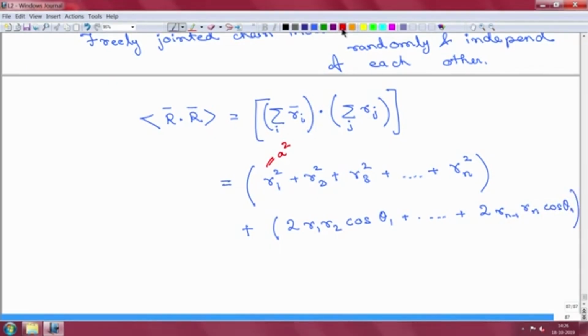Now, again this quantity is a squared. So, all the thetas have the same coefficient. So, you are basically summing over all the cos thetas possible.